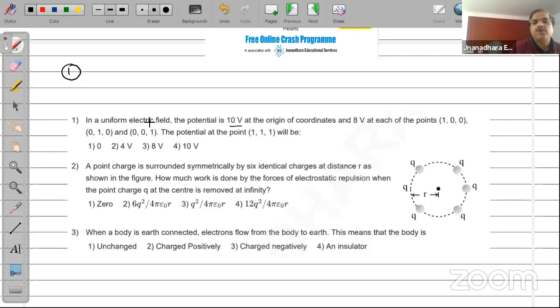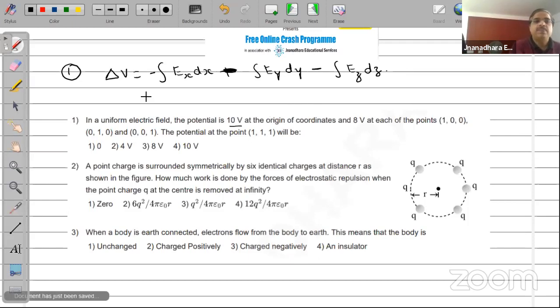Now, the way that I'm going to solve this problem is to write down the potential difference as minus integral of Ex dx, plus integral of Ey dy, this also is minus, I'm so sorry, minus of integral Ez dz.